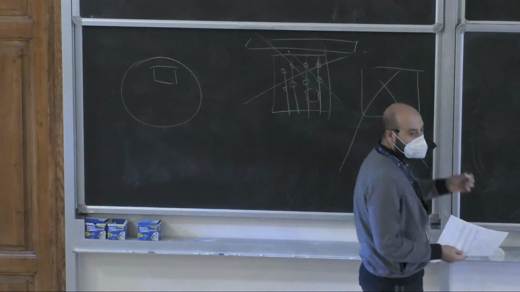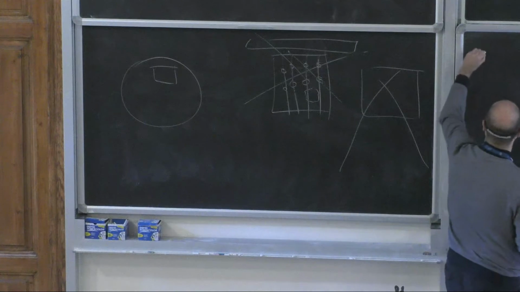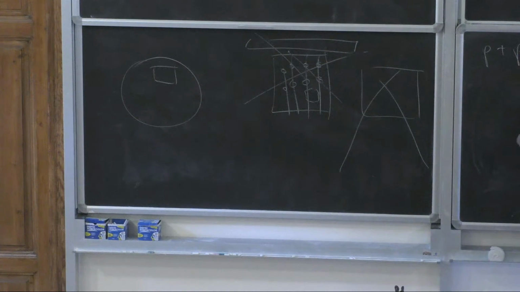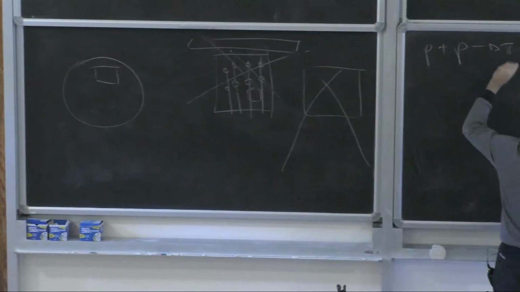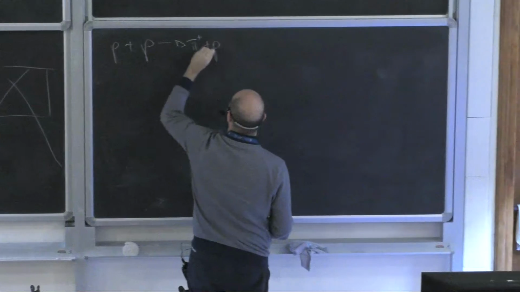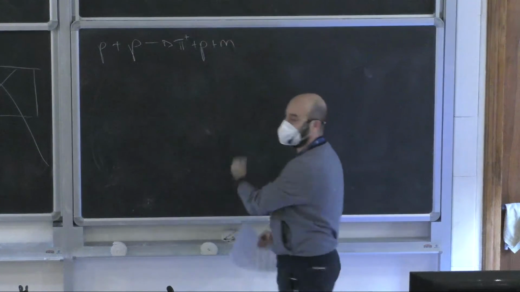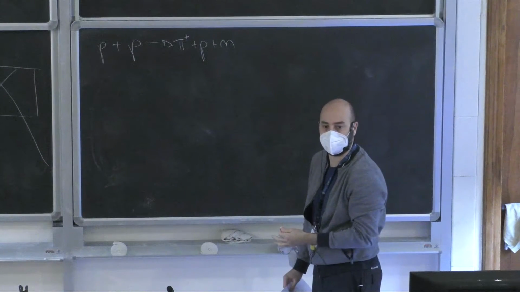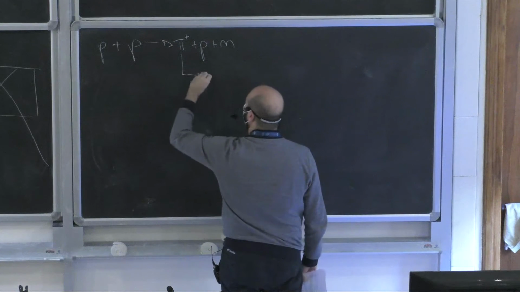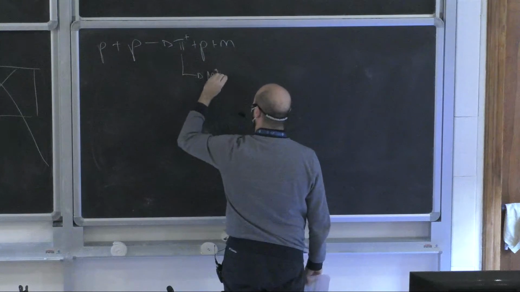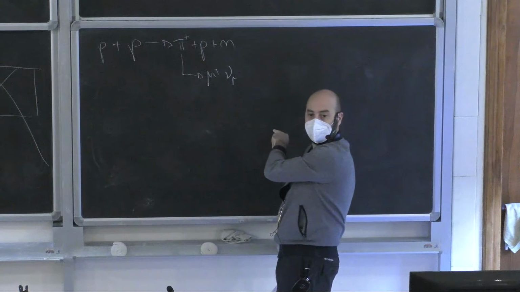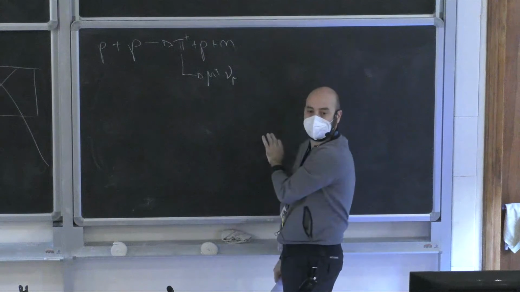We have already seen this yesterday, but basically the processes are p plus p into, let's say, I just write one, pi plus, proton, neutron. This is a possible process that produces neutrinos. How? Because then this pi plus will decay into mu plus and a neutrino, and eventually this one also decays further into neutrinos. So you get a neutrino flux associated to this.